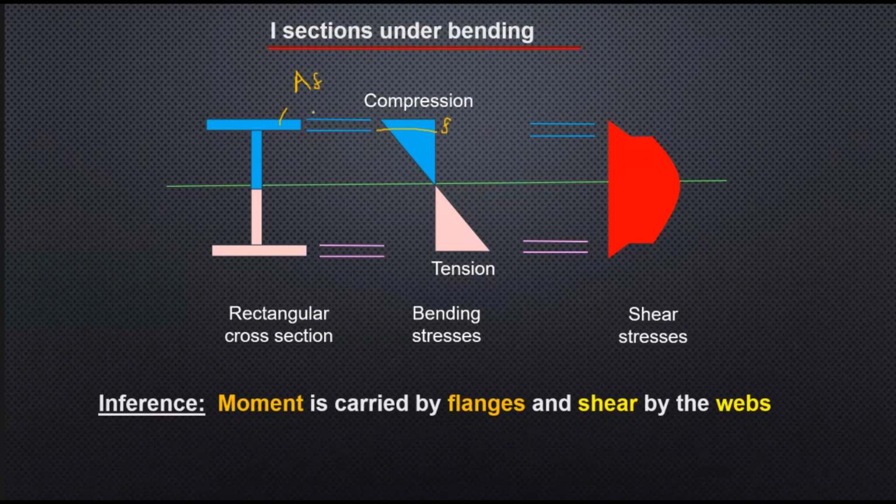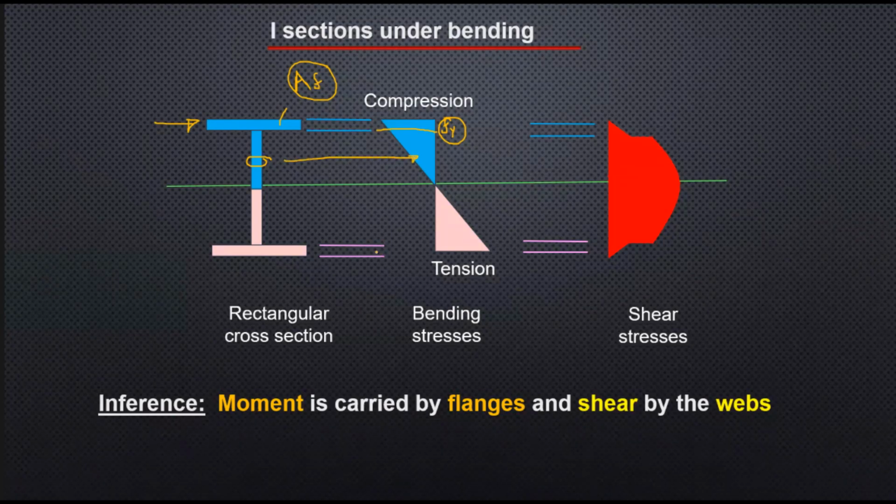So the larger area times larger stress gives me a significant compression force in the flange. Now, if I take a little part of the web, the area is very small, basically because the thickness of the flanges is normally higher than that of the web, and the corresponding stress is also lower.